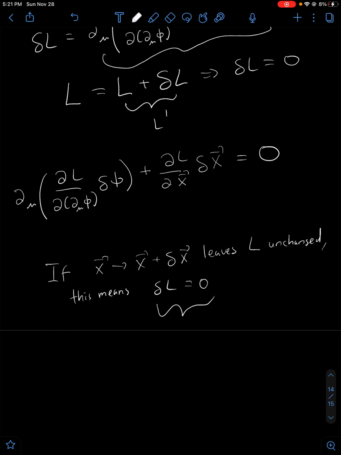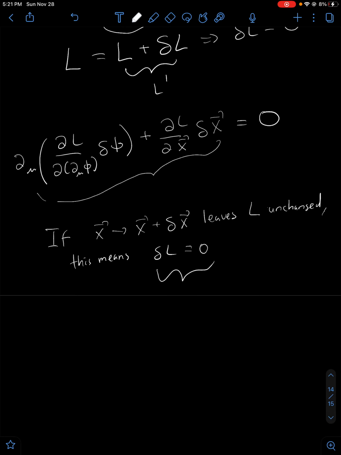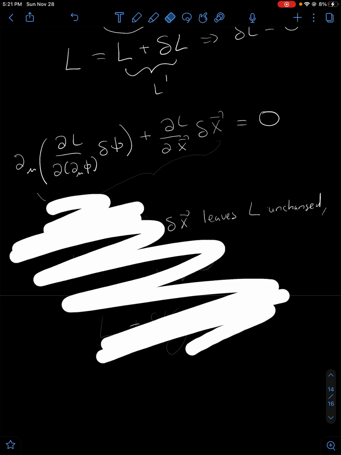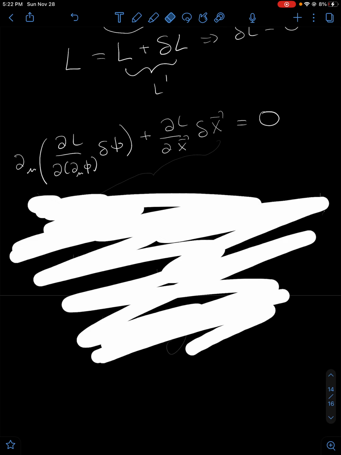And this delta L equals 0 implies that this entire thing is 0. That's it, right? Because if the Lagrangian is unchanged, this means that L plus delta L equals L, and that delta L equals 0. Okay, that's all we've done so far.